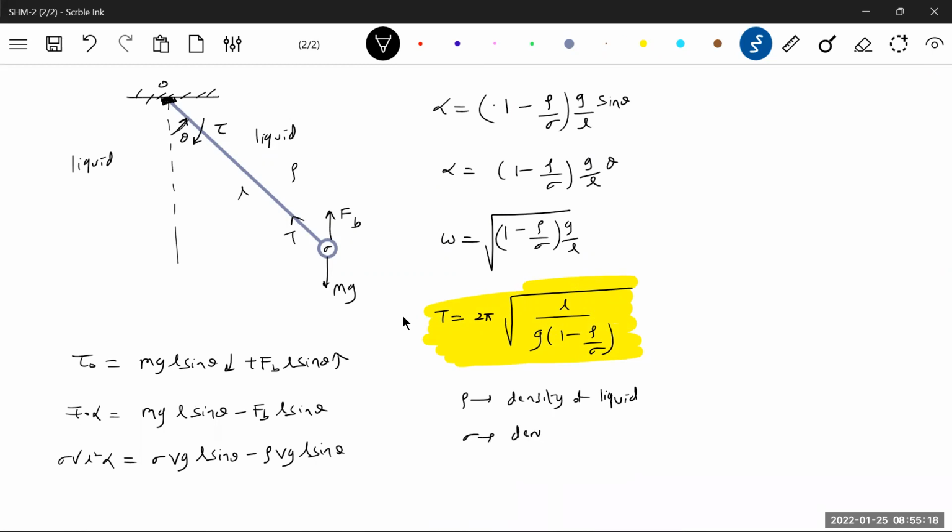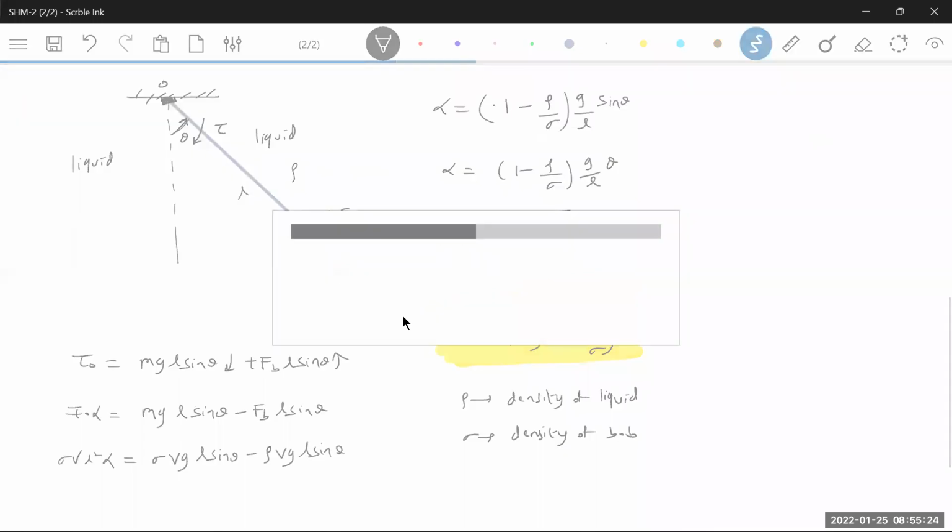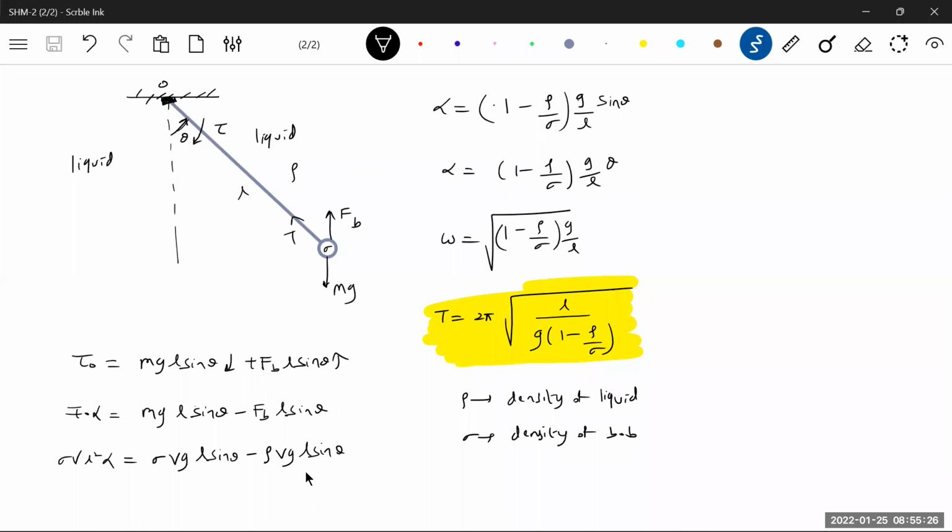Sigma is the density of the bob. This is the effect of the medium.